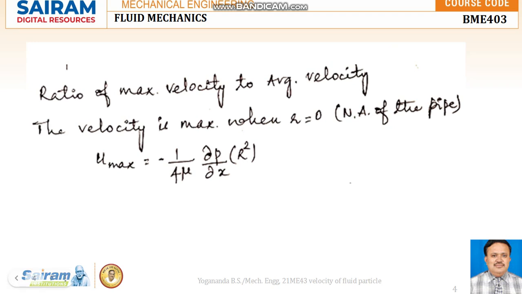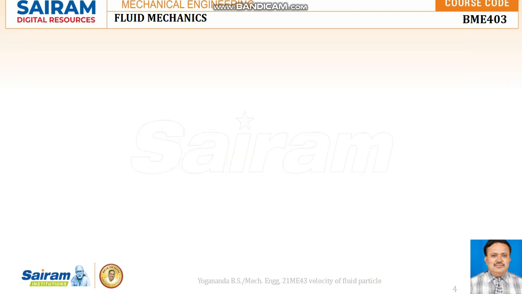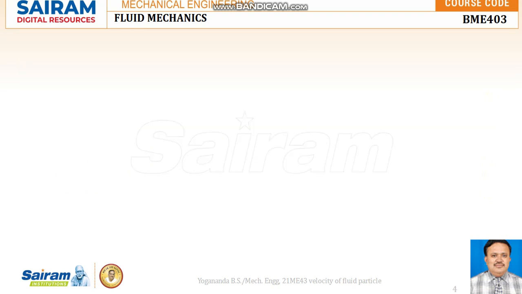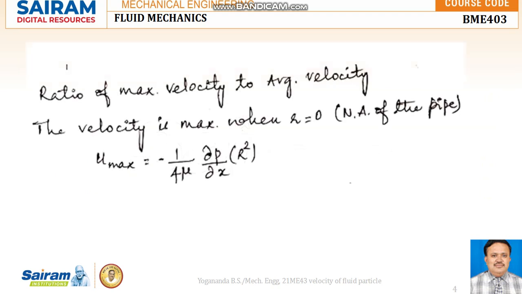So we have u max equal to minus 1 by 4 mu, del p by del x, and since small r is 0, we have only capital R square in the equation.